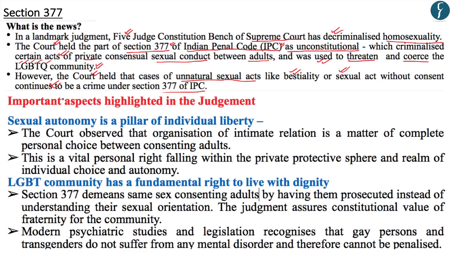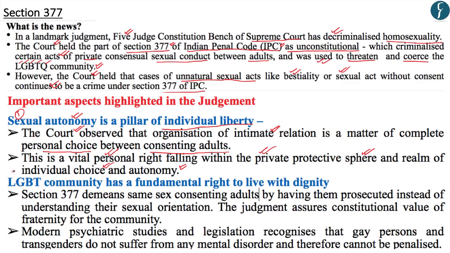Now let us understand the various important aspects that have been highlighted in this judgment of the Supreme Court. The first main highlight of this judgment is that sexual autonomy is a pillar of individual liberty. The Supreme Court has observed that intimate relations is a matter of complete personal choice between the consenting adults. Moreover, according to the Supreme Court, sexual autonomy is a vital personal right and falls within the purview of the private protective sphere and includes individual choice and autonomy.